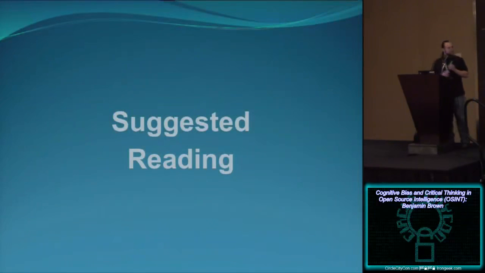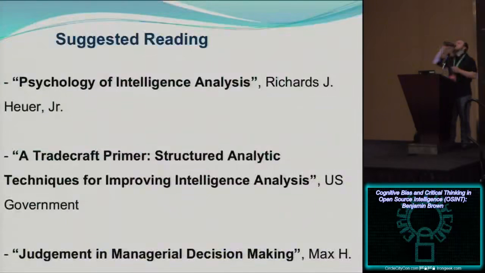So, some pieces of reading. Heuer's seminal work was The Psychology of Intelligence Analysis, and it's available from the government press. And they also have the Tradecraft Primer available. I was able to get both of these from Amazon, actually.